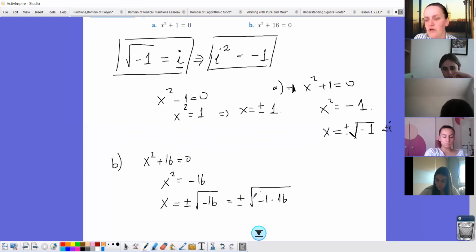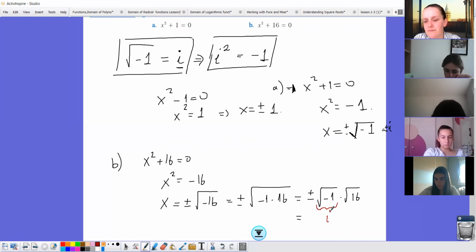It's the same thing, only I'm separating -1 times 16. Now I will separate the square roots: here root of -1, here root of 16. Now what we said for root of -1 is that this one is i. And what is root of 16? 4.